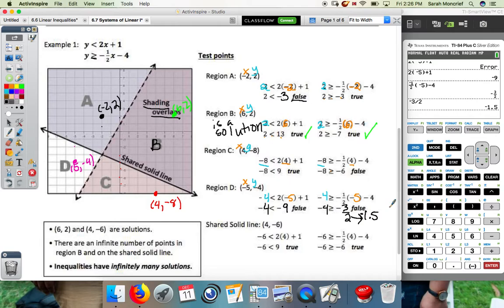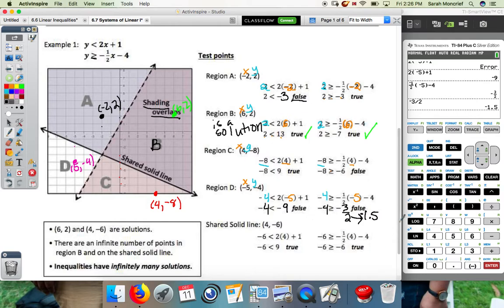Remember, it flops around. Remember when the negatives are there, the larger the number looks, the smaller it actually is. So that means this statement is also false. So negative 5, negative 4 is not a solution.